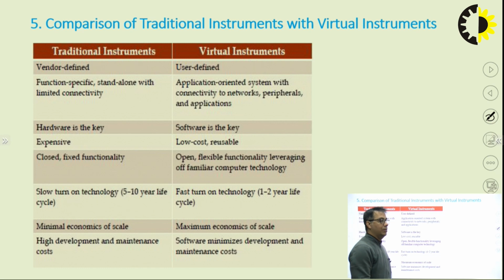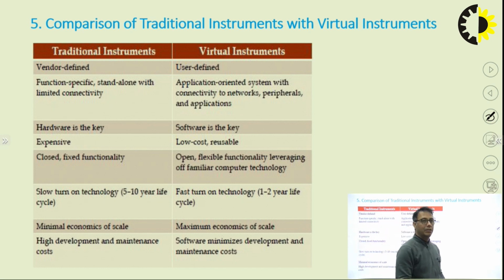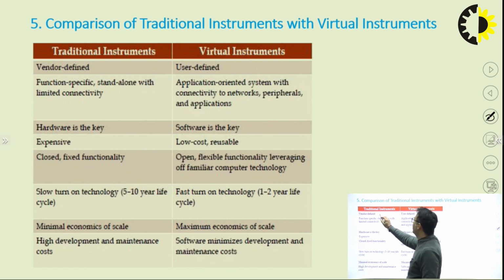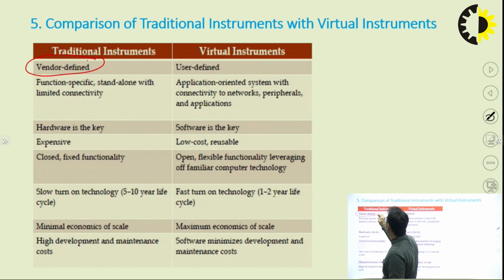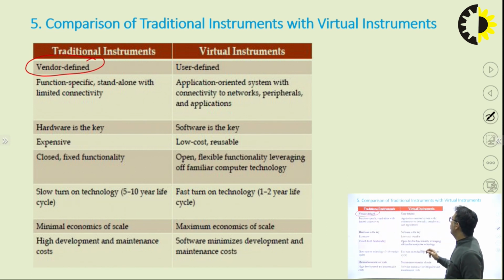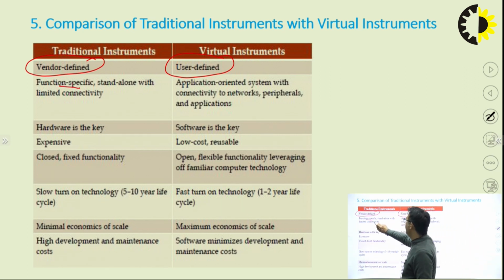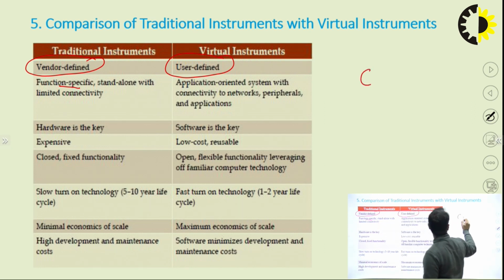So how is virtual instrumentation different from our traditional instrument? First of all, a traditional instrument is designed by a company. On the other hand, a virtual instrument is user defined. We can change it at any moment as per our requirement. Traditional instruments are function specific, like a CRO.